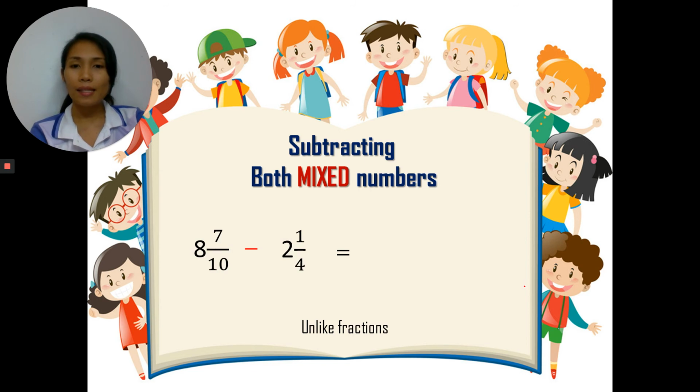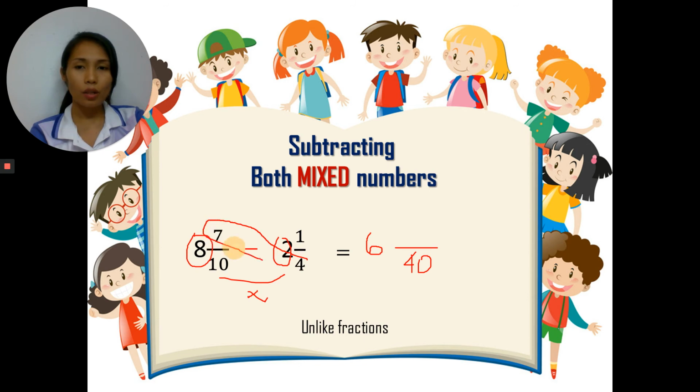Now let's have another example, subtracting both mixed numbers. So let's try 8 minus 2 is 6. Now that we're done with the whole number, let's proceed with the fraction. Okay, 10 times 4 is 40.